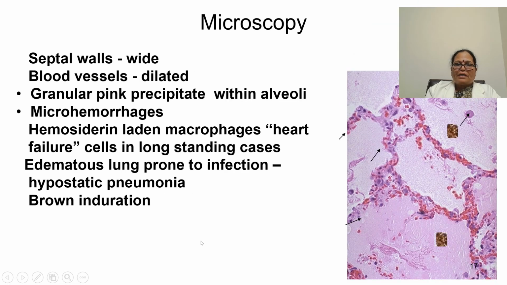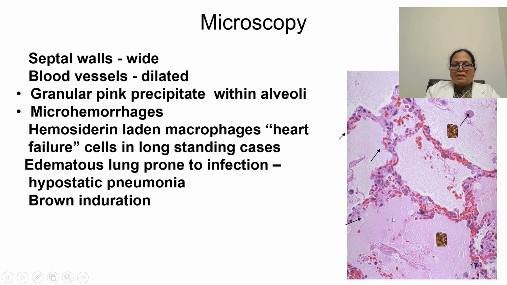Microscopy. Septal walls are wide. This is a section of lung. Okay. Now you see that the septal walls have widened, blood vessels are dilated, granular pink precipitate within the alveolus. This is a pink precipitate, and there are micro hemorrhages. Can you see? These are the micro hemorrhages because the vessels are dilated.